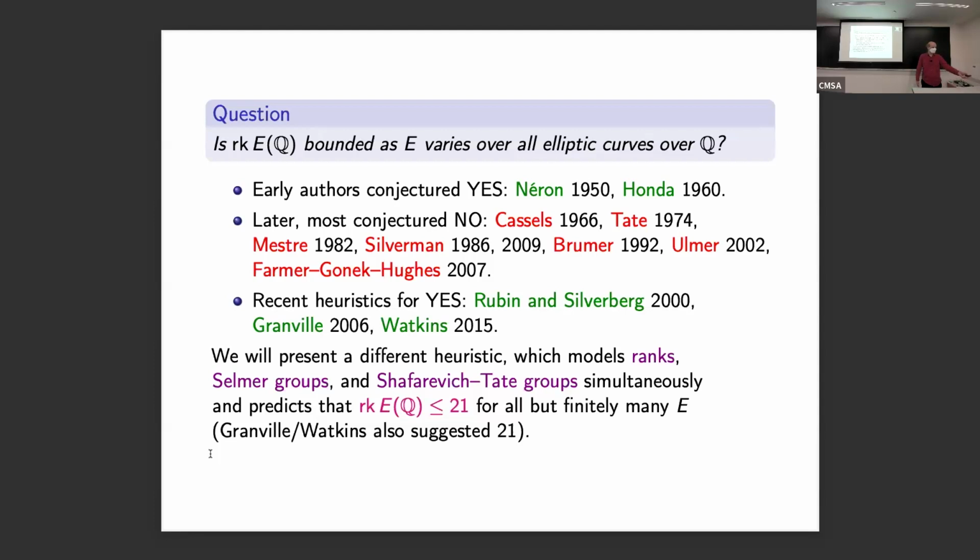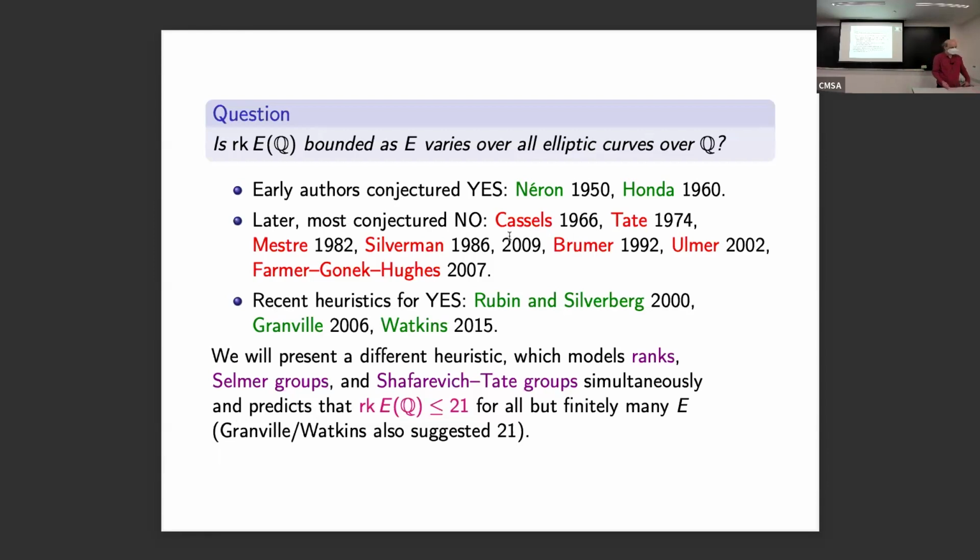Néron, even though he was the first person to find these elliptic curves of rank 11, himself thought that the rank should be bounded. And then Cassels wrote a survey article where he conjectured that the rank should not be uniformly bounded.